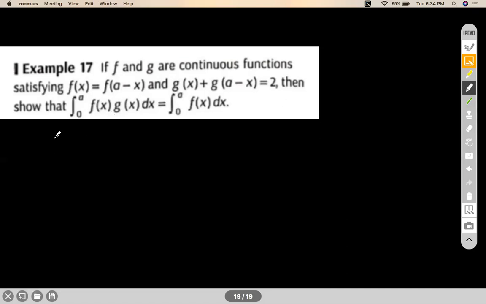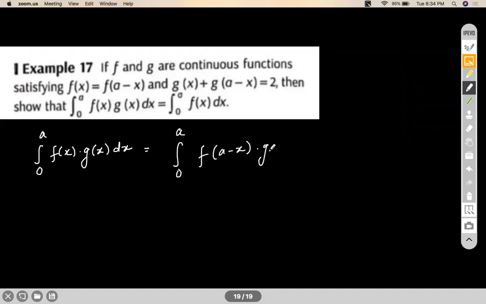So let me begin with this expression: integral from 0 to a of f(x) g(x). Let us apply King's property. By King's property, we can say integral from 0 to a of f(a minus x) g(a minus x) dx.